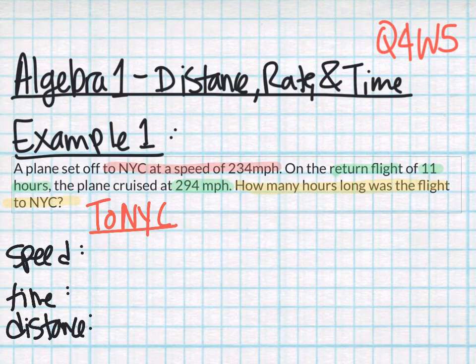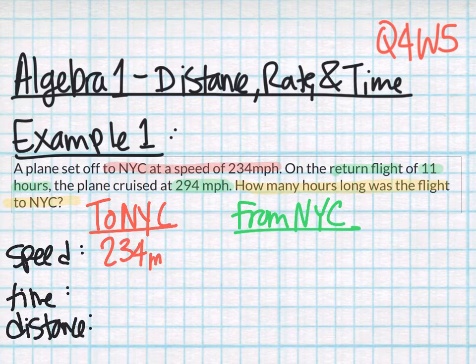And then we're going to have from New York. So two things here. So speed to New York looks like it's 234 miles per hour. Speed from New York on the return flight looks like it is 294 miles per hour.